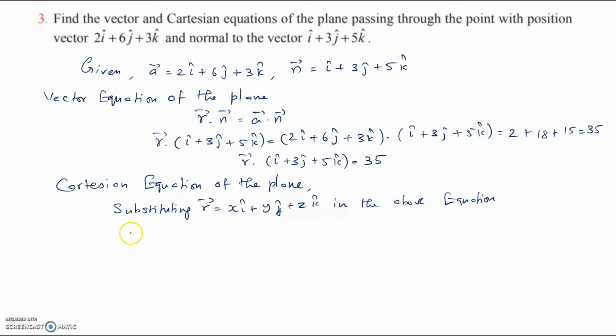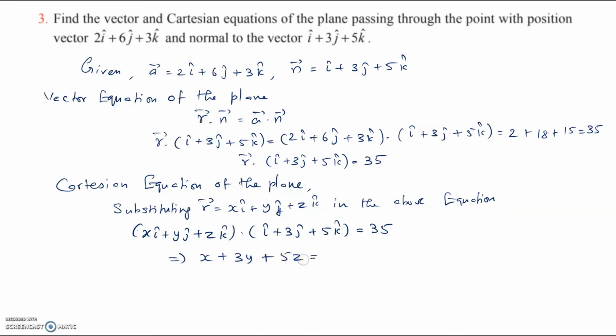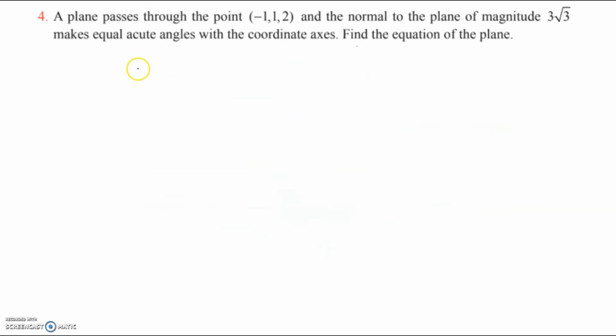We get x i cap plus y j cap plus z k cap dot product with i cap plus 3 j cap plus 5 k cap is equal to 35. So further this can be rewritten as x plus 3y plus 5z is equal to 35. So that's our result.